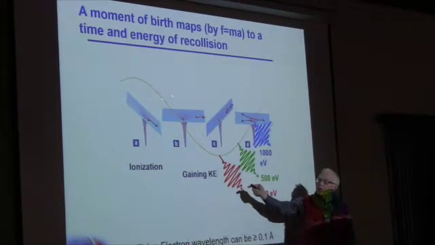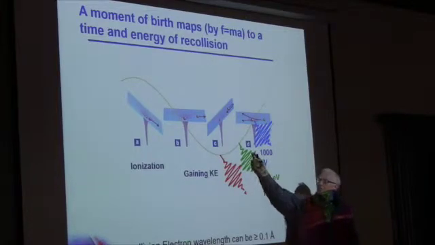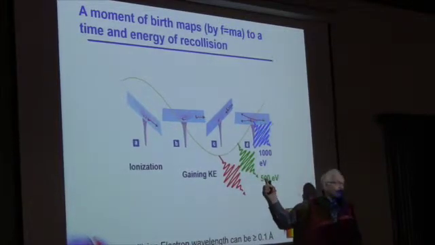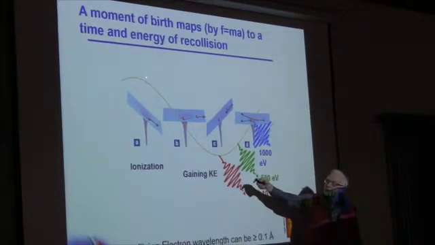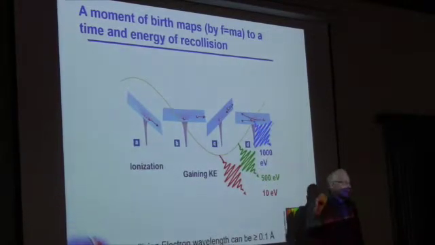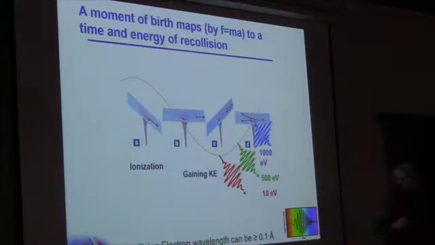If it's born a little earlier, it comes back giving out more energy as a higher frequency photon. And finally, there's an optimum time of birth in which it comes back and gives out the highest frequency photon in the problem. And that is the essence of the attosecond pulse.